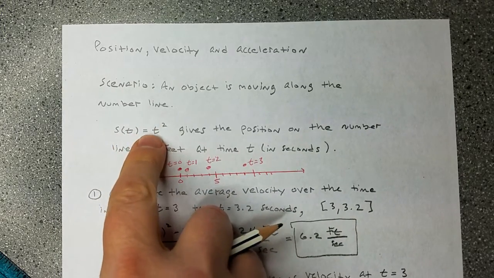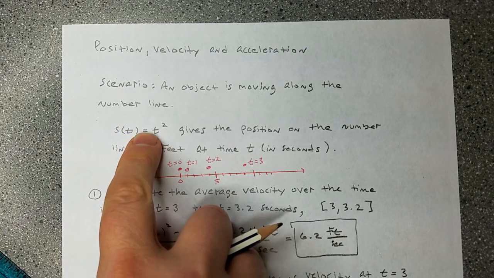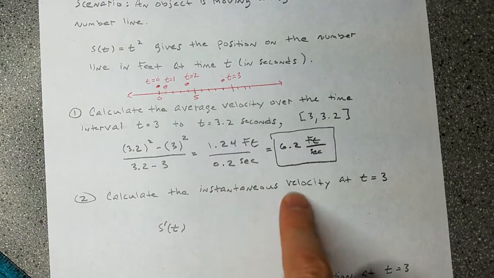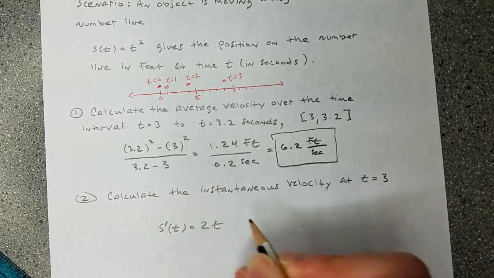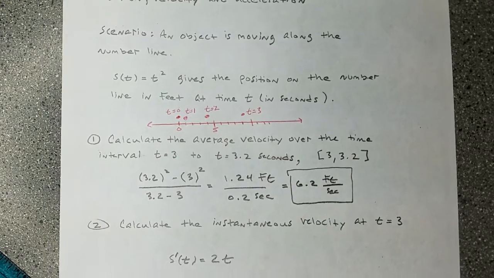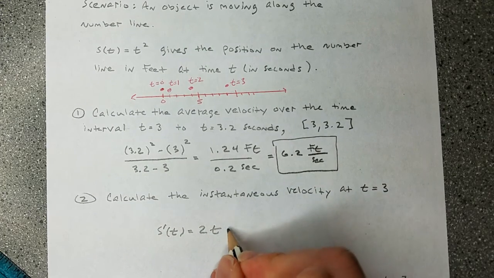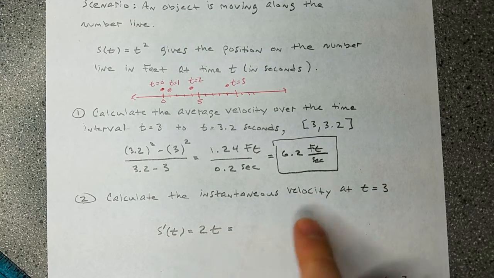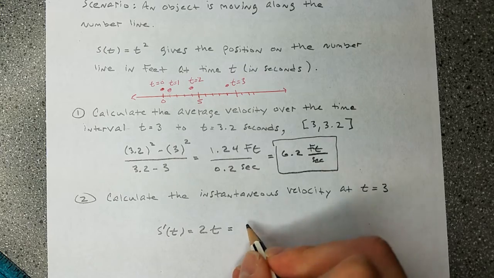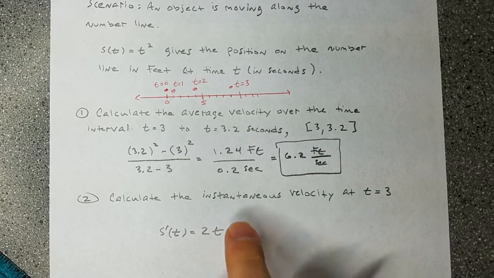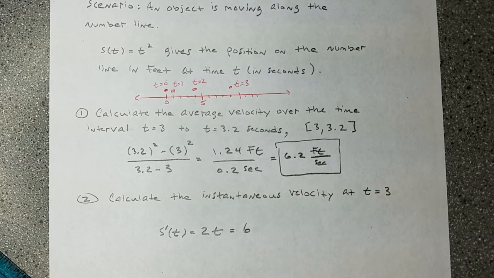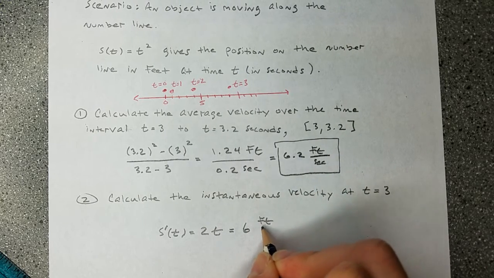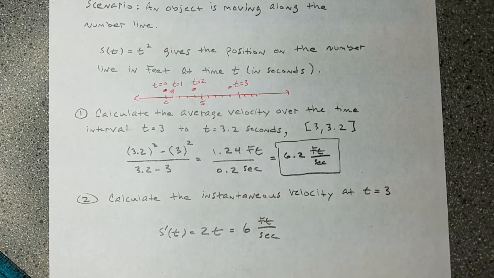So if s of t is the position, the derivative of that would be the instantaneous velocity. That's pretty easy in this case. The derivative of t squared is 2t. And at time t is equal to 3, that will be 6. It'll have units to match the average: 6 feet per second.